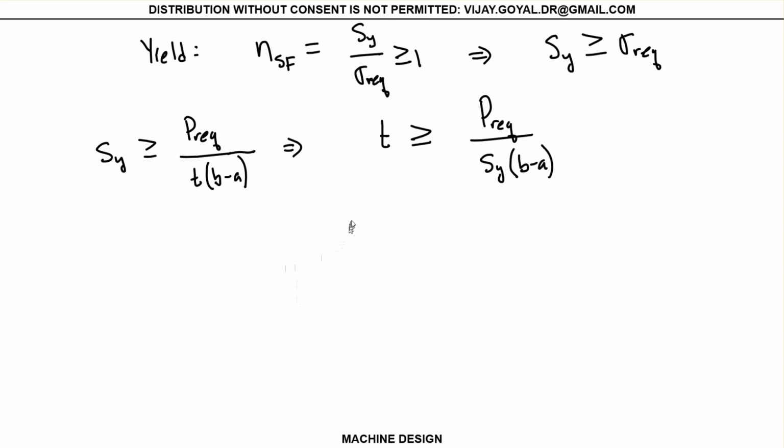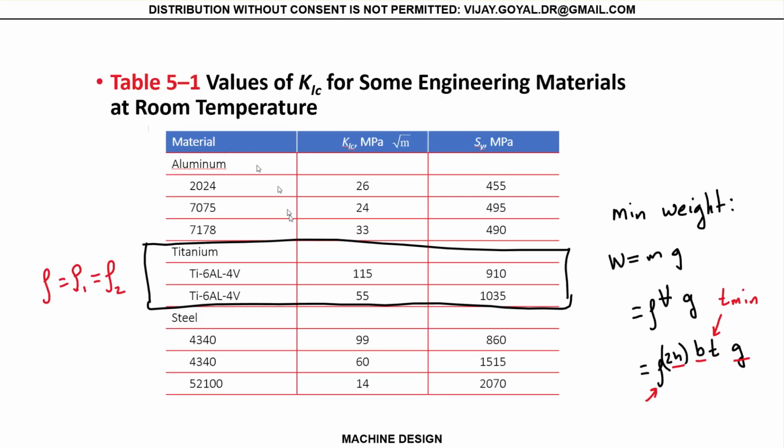Okay, so now we have two materials. For the first material, your load is given as 5.2. The first case, your sigma yield was 910 times 10 to the 6, and that comes from here.